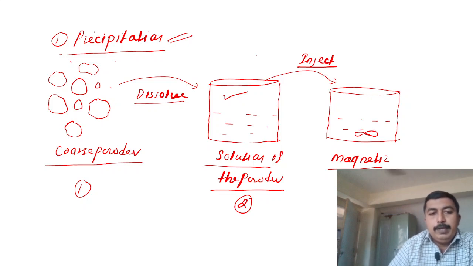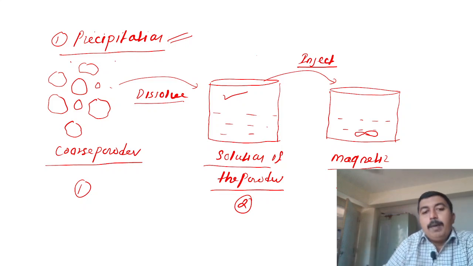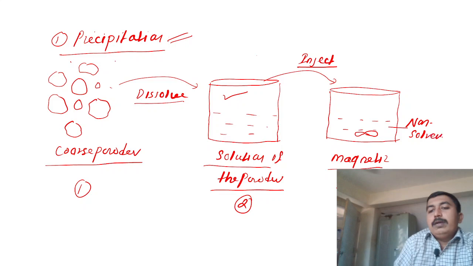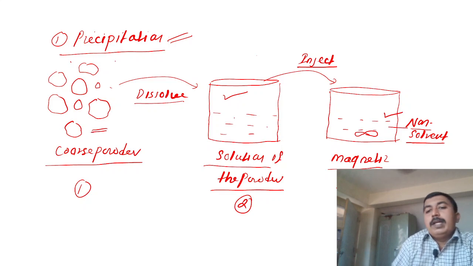Generally, a volatile solvent is preferred because it evaporates completely. Later, this solution prepared in volatile solvent, I will inject with the help of a fine needle into one more liquid which is a non-solvent for the powder. Means in this liquid, your powder is insoluble. That's why this powder can precipitate.